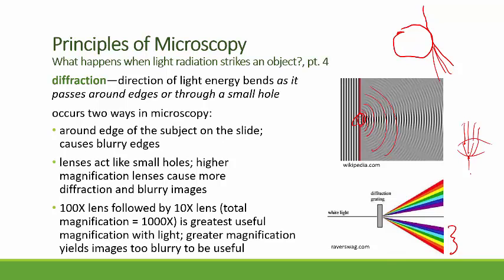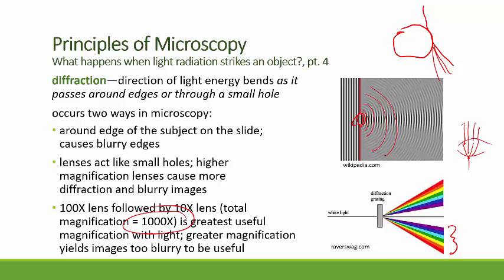So that's why the greatest useful magnification that we can achieve is about 1000x, because of all of this diffraction that's occurring as we're focusing the light into a smaller and smaller little pinpoint. The greater the diffraction, the more blurry the image becomes.